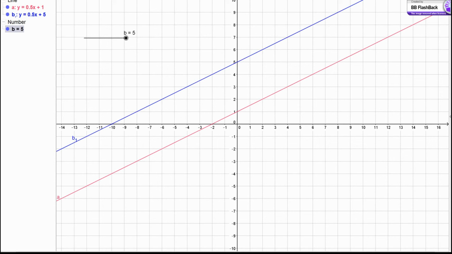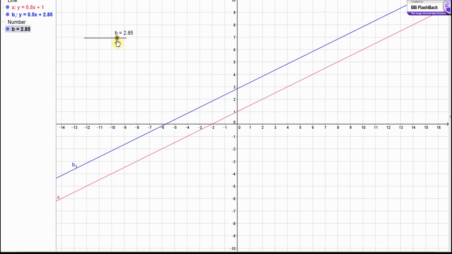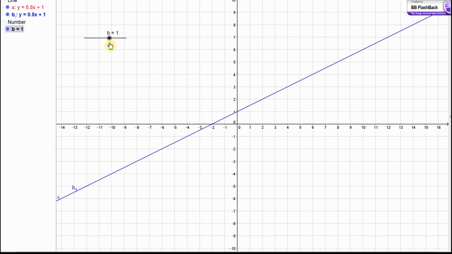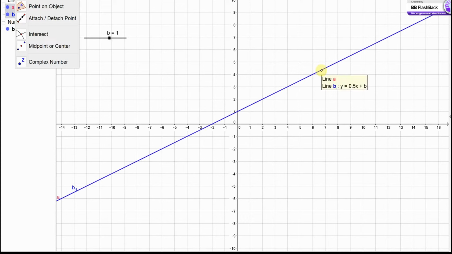There's another special case, and it's when the lines are equal. Almost got it. There we go. Ooh, so the two lines are right on top of each other now. It's hard to see them both. Too bad the colors don't mix. It would make a purple or something. That would be cool. Okay, so let's find the point of intersection.